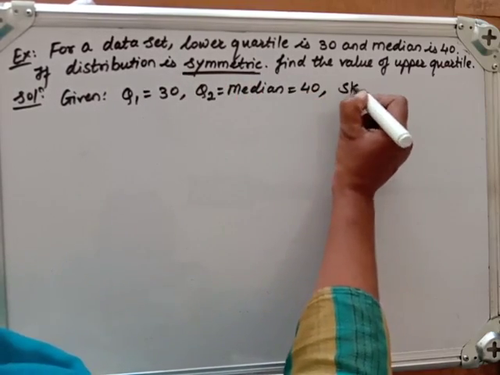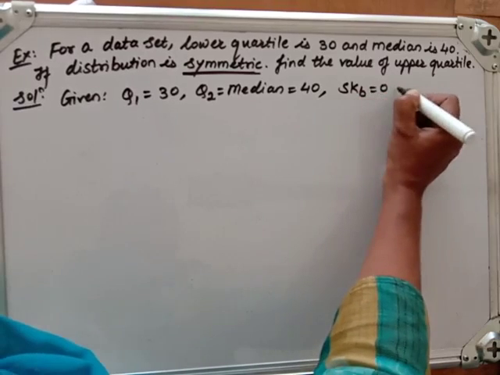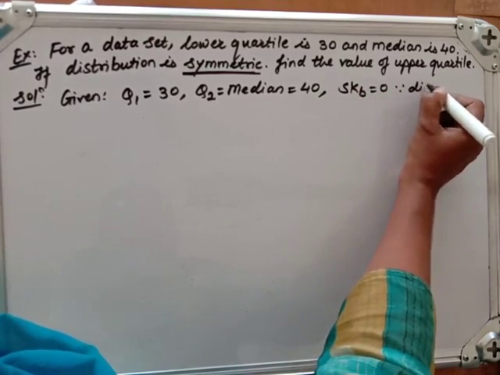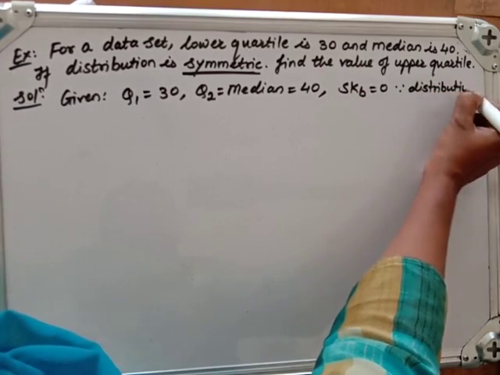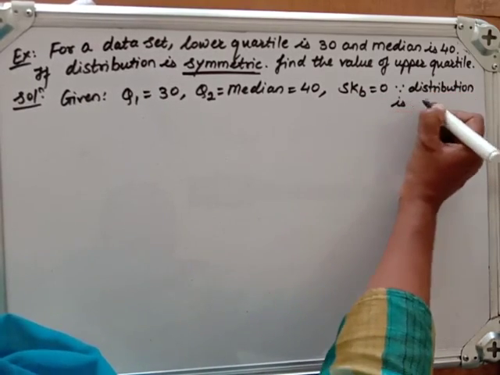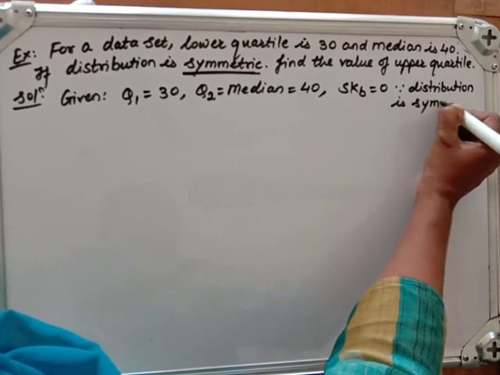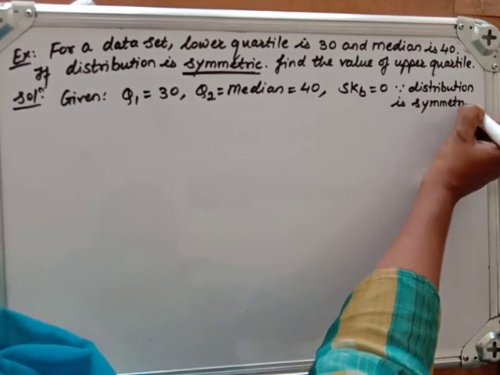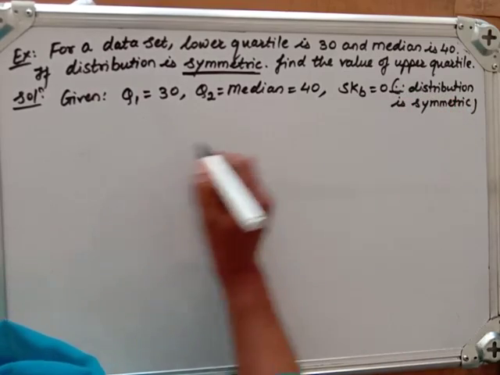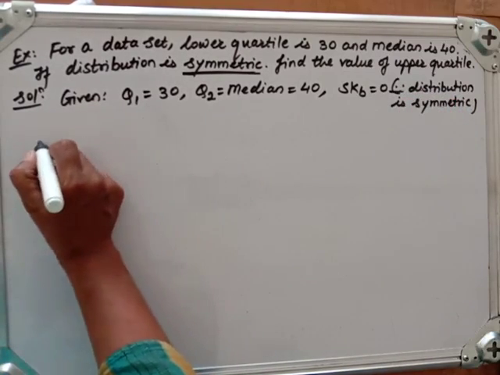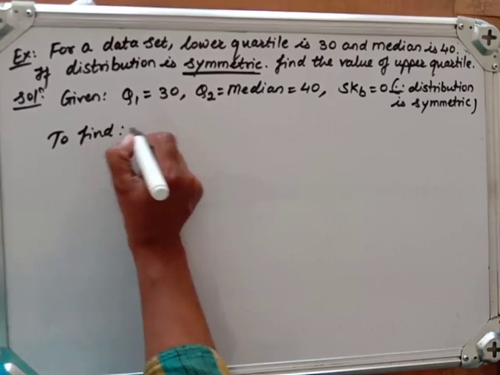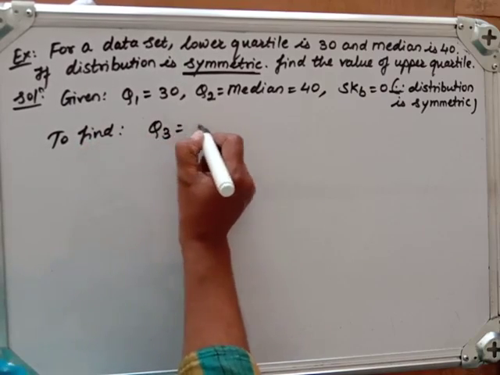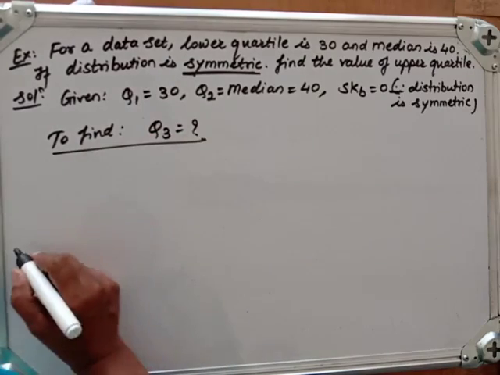So this gives SKB equal to 0, since the distribution is symmetric. This is the reason for that. Fine. And what is to find? To find Q3. That is our aim, the upper quartile.